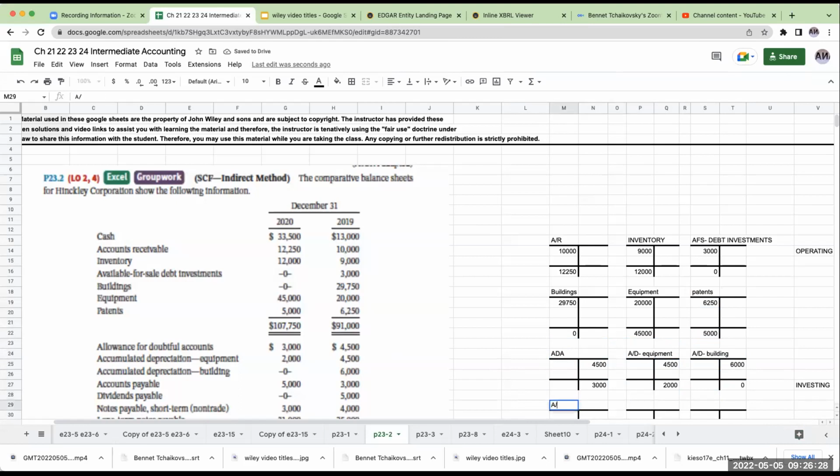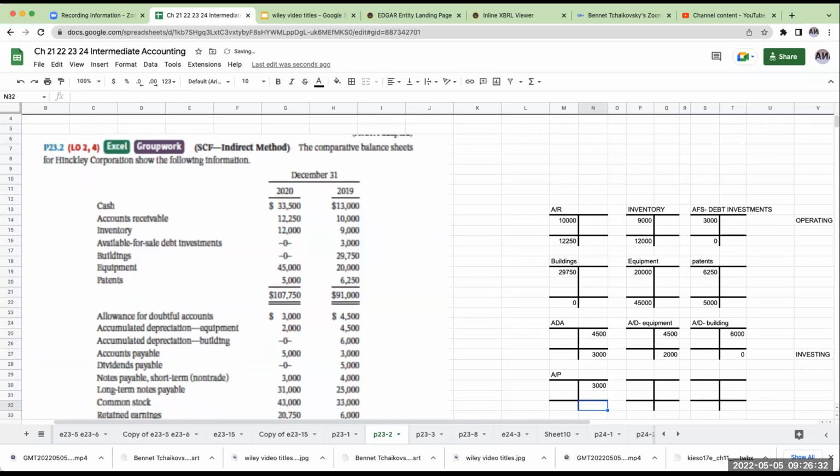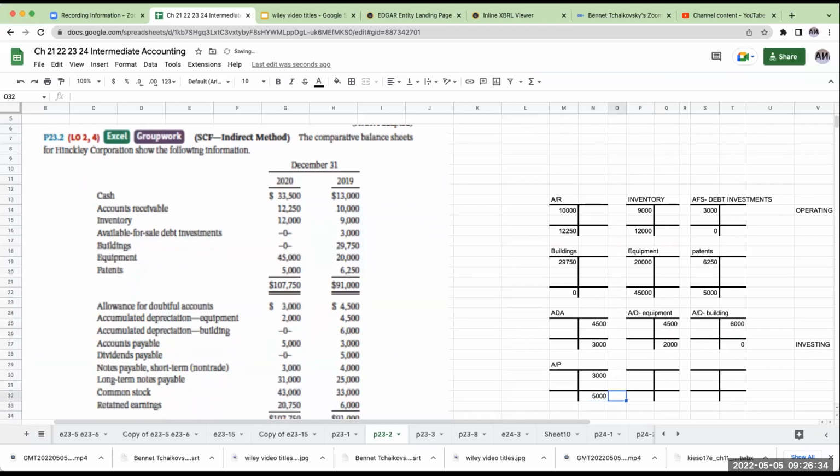Okay, accounts payable. Opening is 3,000, ending is 5,000. Dividends payable, opening balance is 5,000, ending is 0. Over here, notes payable, short term, non-trade, opening is 4,000, ending is 3,000.